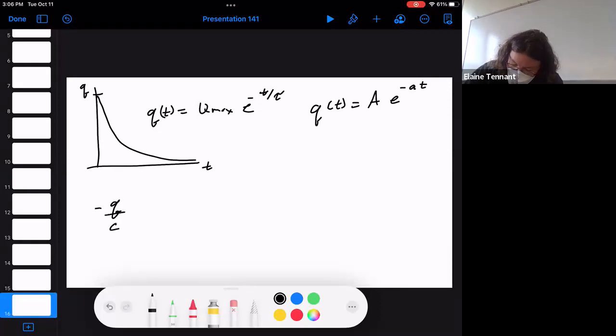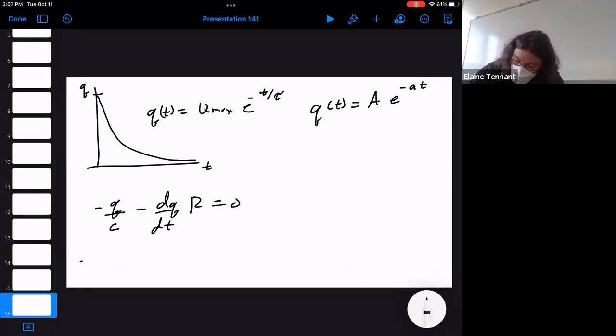So negative q over c minus dq dt times r equals 0. So negative q, and I'm just going to plug in the most vague thing I have. Right? So that's just like, hey, I have a decaying exponential.